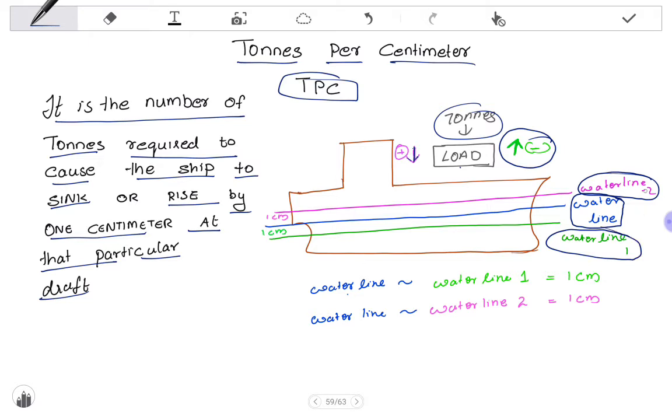So to cause a difference of 1 centimeter in the water line or draft, to rise or sink the ship's draft by 1 centimeter, how much load has to be added or removed from the ship? That is called tons per centimeter.